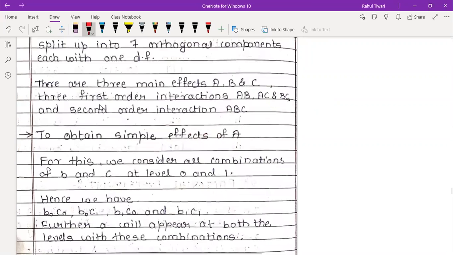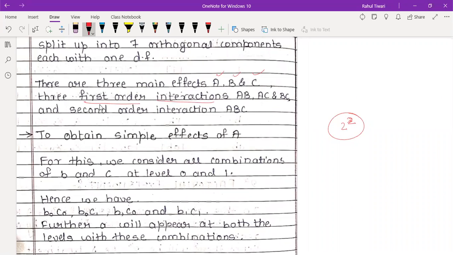Now I'm again interested in the simple effect or main effect. Okay. So you have seen for 2 raised to 2 how to get the main effect or simple effect. Similarly, to get the main effect of A, let me tell you first of all how many main effects you have. Main effect means simple effect. So you can say A, B, C will all be main effects. Whenever you have 2 treatments, it is called an interaction, and that is also known as a first order interaction.